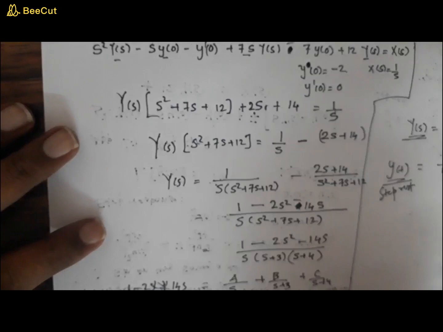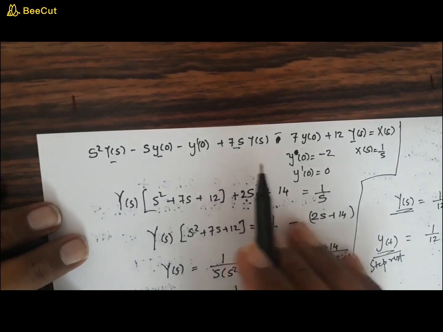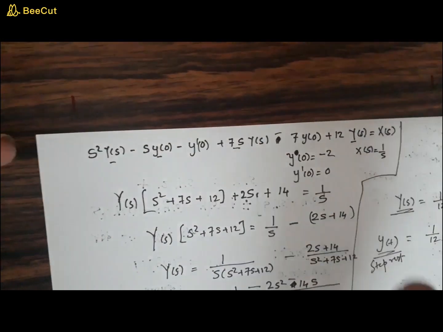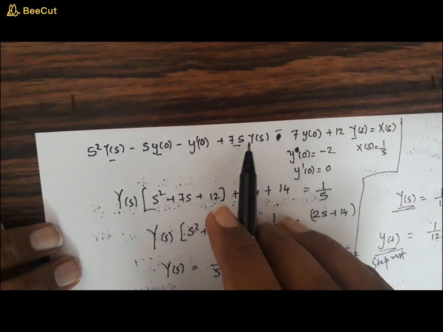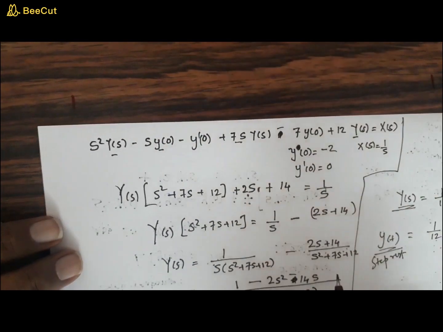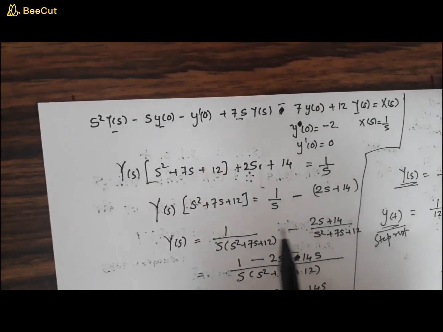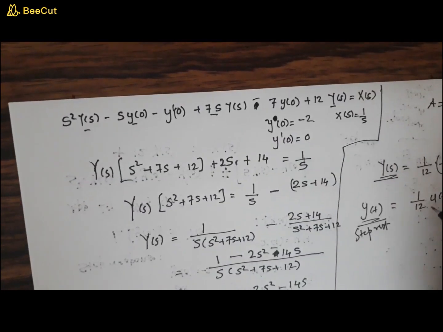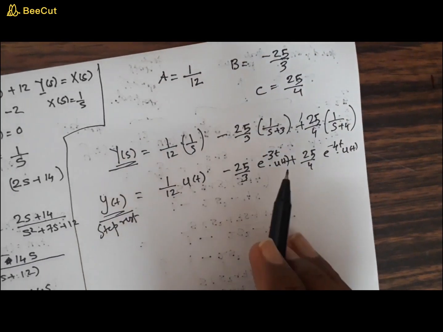While here, you have an equation, just find out the Laplace transform and substitute all that you have. There are no separate steps for that. The initial condition is substituted, X of s is substituted. When you look at it, you have 2 or 3 steps to arrive at this. So that shows the easiness of this method.